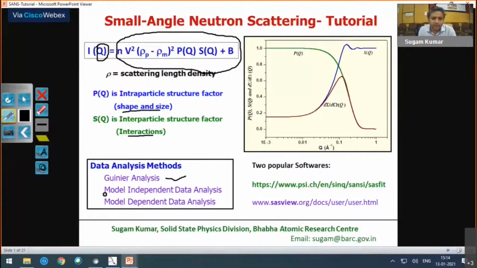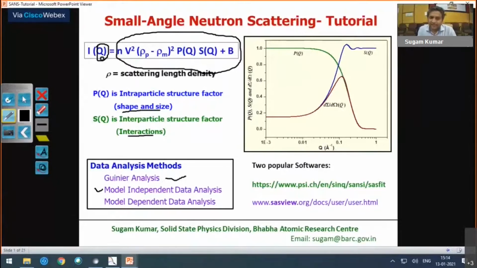The second is model independent data analysis. As the name suggests, this is independent of any model. The scattering intensity is a function of Q, the scattering vector, in momentum space.